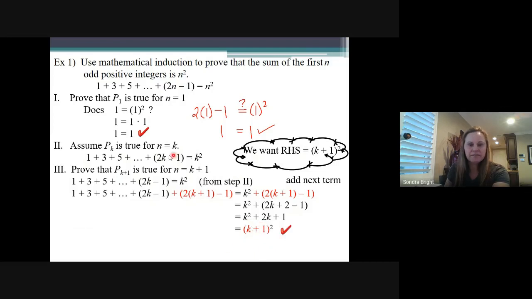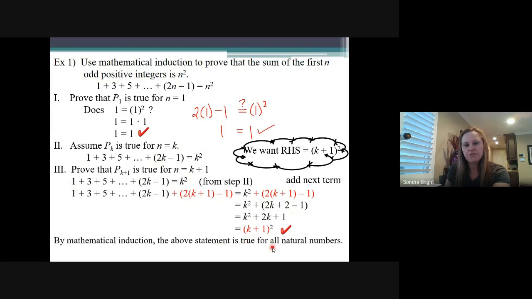We want our final answer on this right-hand side to be what we'd get if we had plugged in a k plus 1 into n. All right. Then the last part that you put is by mathematical induction, the above statement is true for all natural numbers.